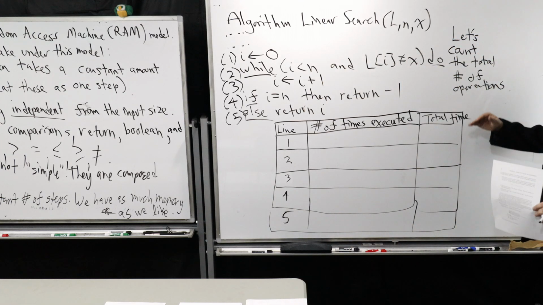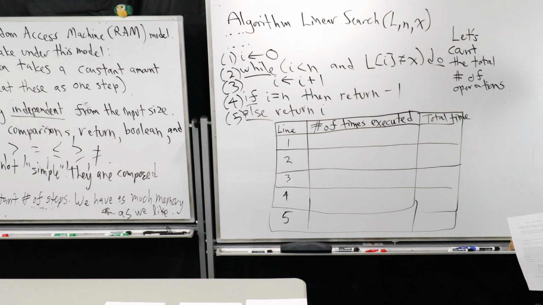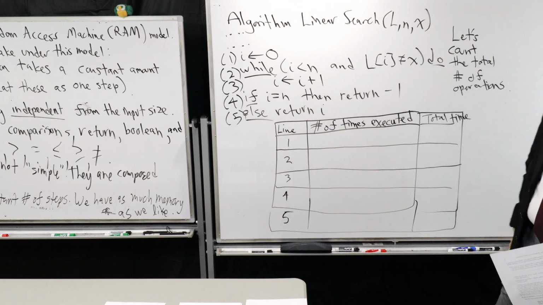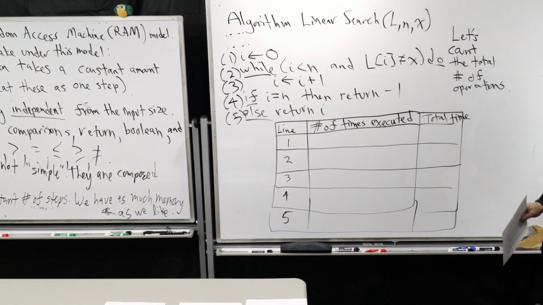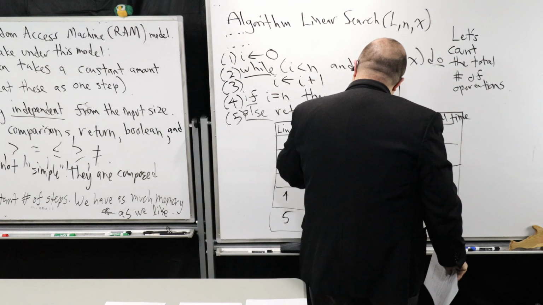So we're going to look at how many times each line occurs. For example, can somebody tell me how many times does line 1 happen? It happens once, right? Exactly.